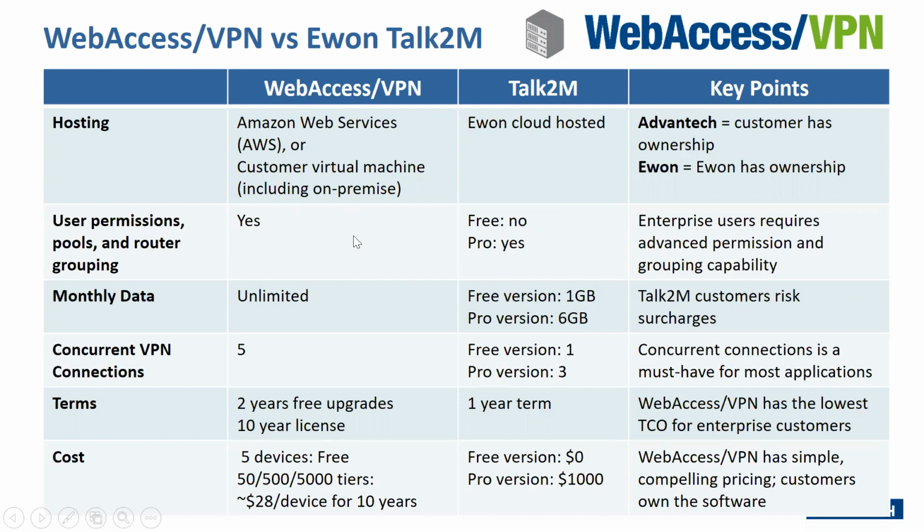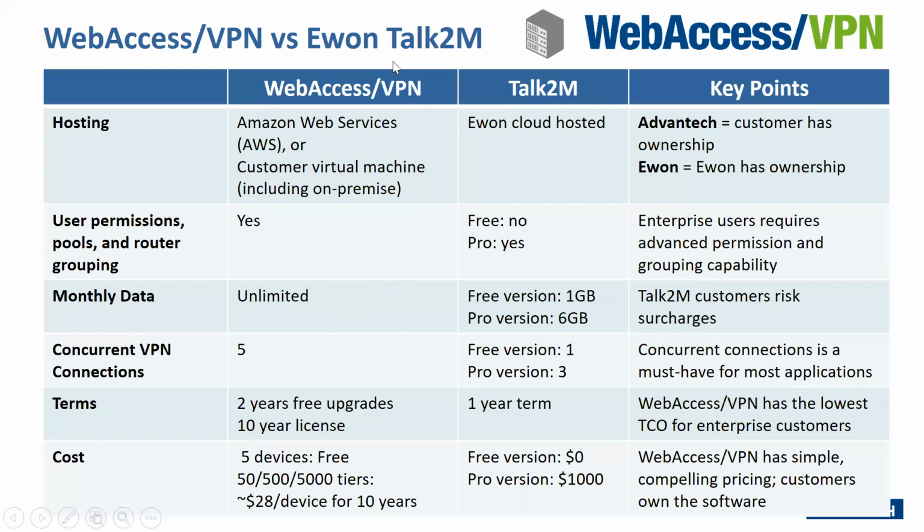Advantech's Web Access VPN offers full user permissions, setting up pools, grouping of routers. With E1, you pay for that. And the reality is, look, any enterprise user is going to require different permission levels and the ability to group routers by customer, let's say. That's just kind of a no-brainer.